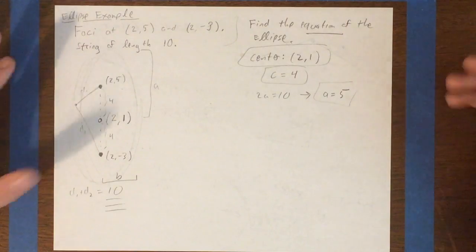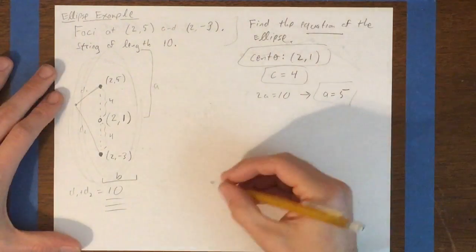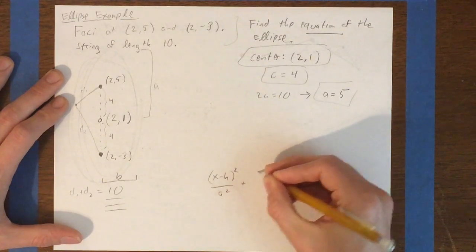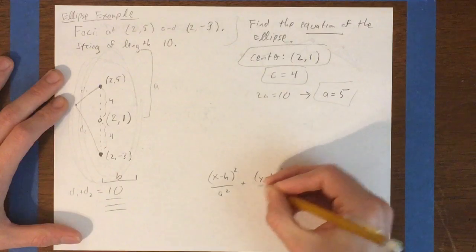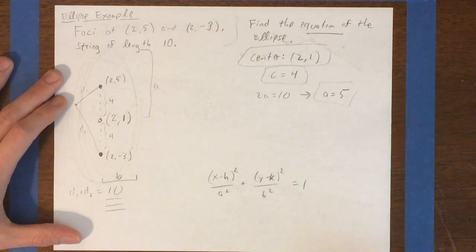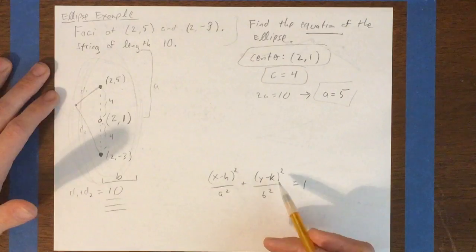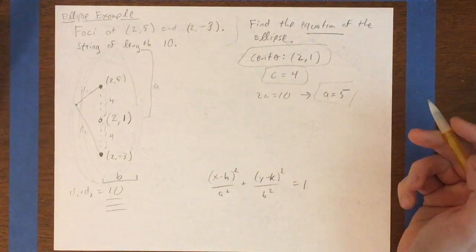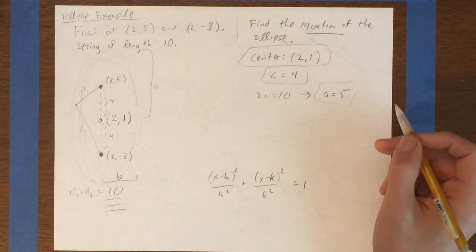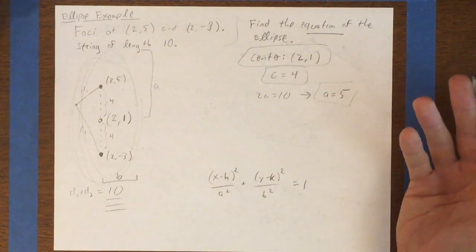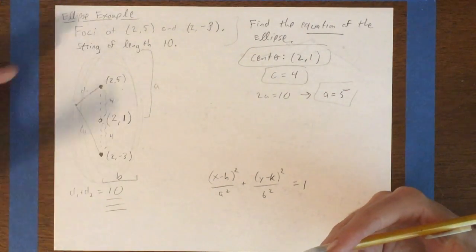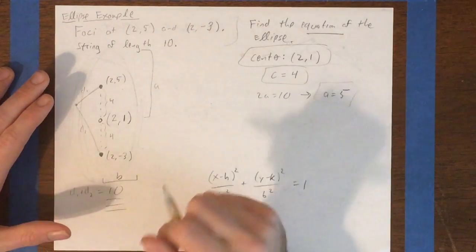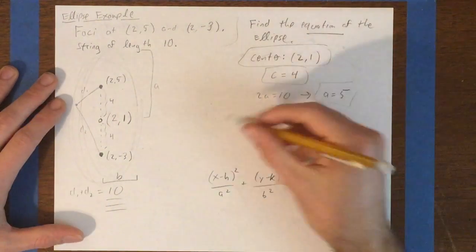Now, we're almost there, because to get the equation, remember, it's this. Let's write it out. All we need is to know the values of h and k and the values of a and b. We know h and k, we know a, now we just need to find b. And to find b, all we need to remember is that there's an algebraic relationship which came from the Pythagorean theorem between a, b, and c. It's not a squared plus b squared equals c squared, which is what you're used to seeing for the Pythagorean theorem. Things were a little bit different.